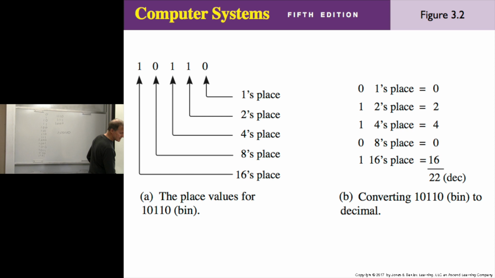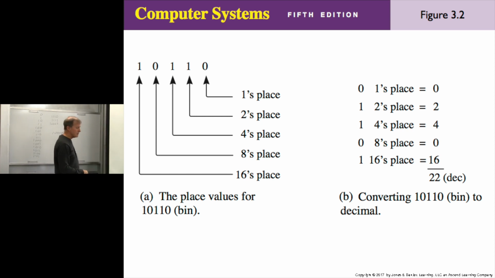So what happens is, in figure 3.2, we see that in binary, the place to the right is the ones place, and then this is the twos place, the fours, the eights, the 16s, and the 32s. Do you see how that works? It's analogous to decimal.